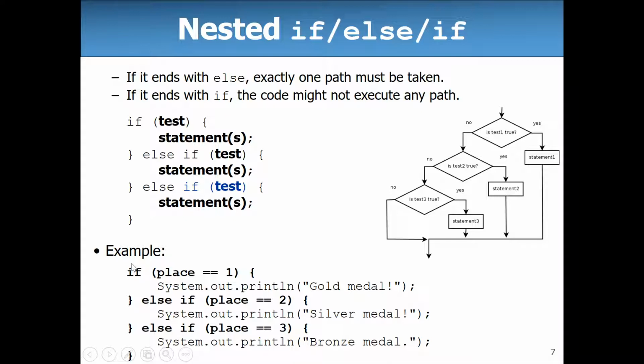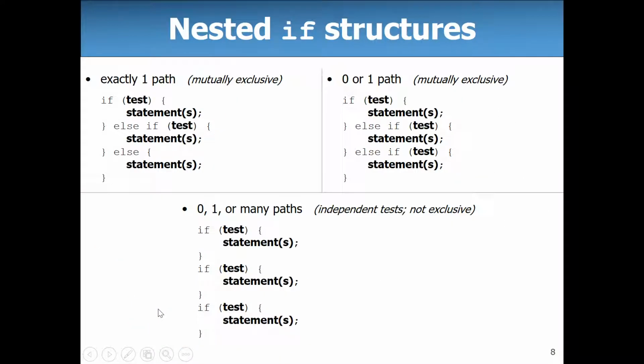So the else if basically means that only one of these things can be true. I really like these slides, which is why I pulled them up. Normally I don't do these. I don't like slides too much, but these I like because it shows exactly one path. These are mutually exclusive. If this is true, else if this is true, else this is true.